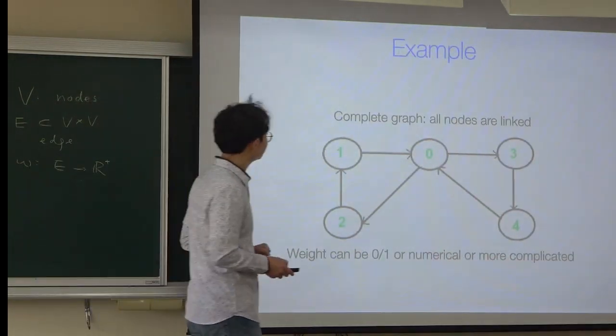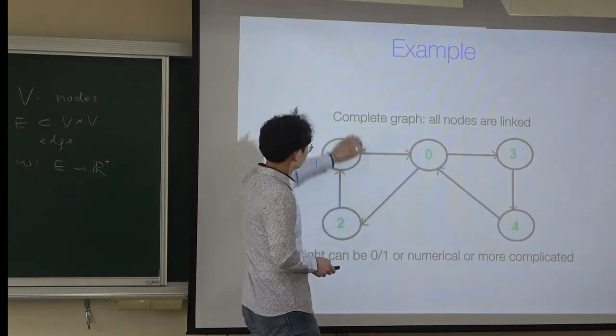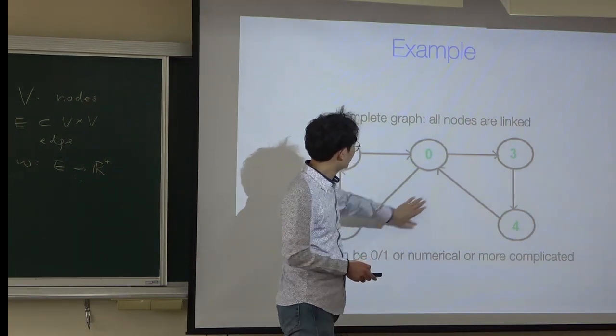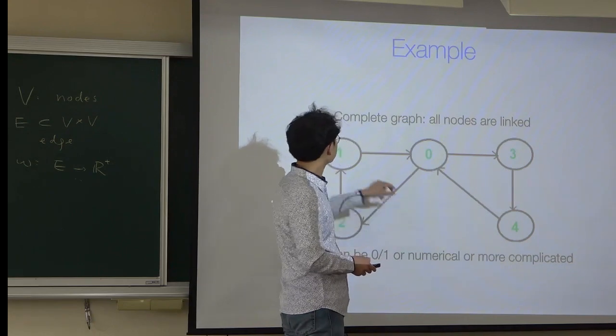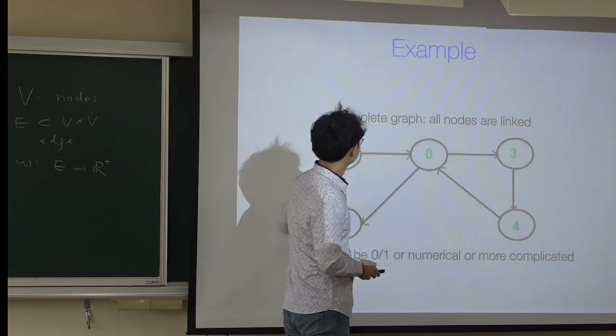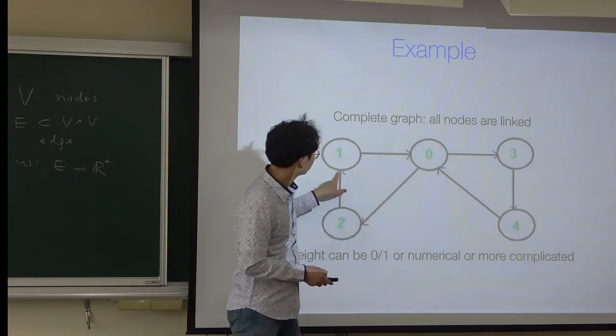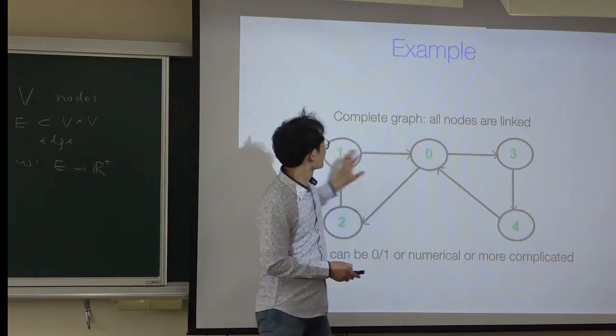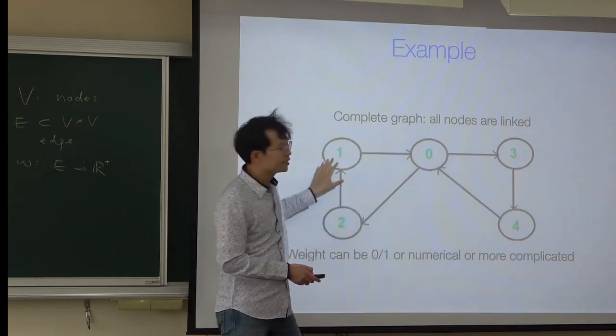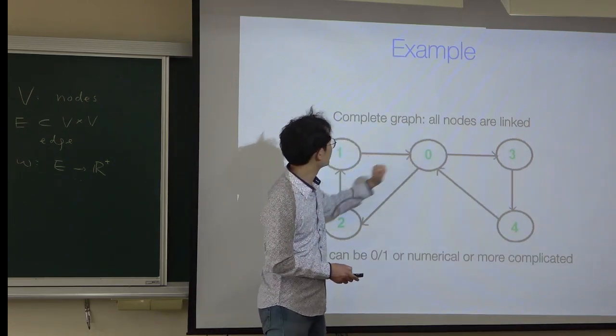And this is an example. This is a directed graph. You can see there are in total 1, 2, 3, 4, 5 nodes, and there are several edges with directions. And this describes the relationship between all the nodes.